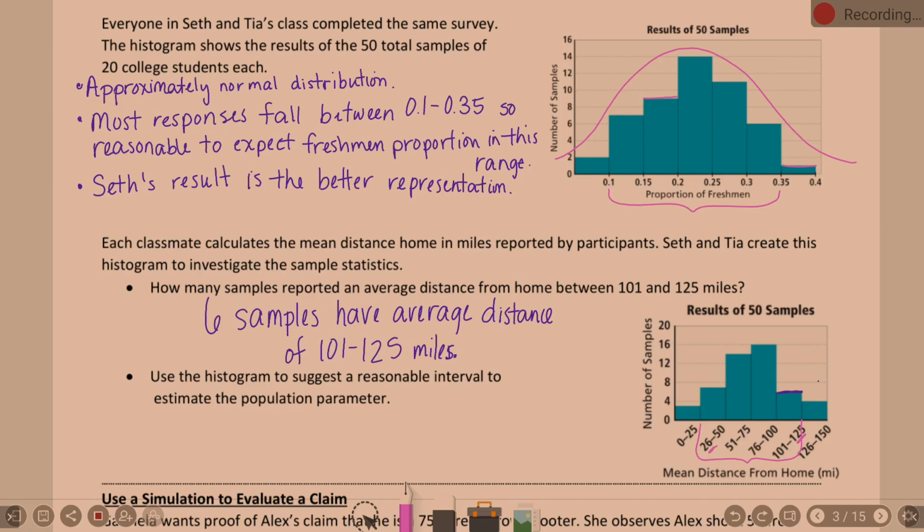And when you're talking about people that are 2 miles from campus to people that are 800 miles from home, that's not bad to narrow it down to 100 miles there. So, average distance from home is likely to fall between 26 and 125 miles.